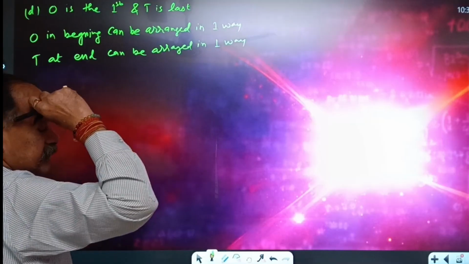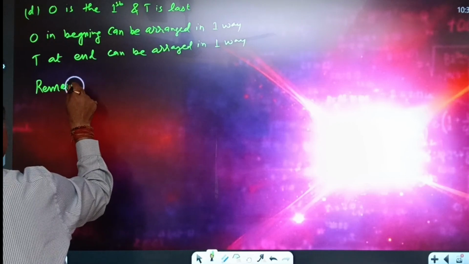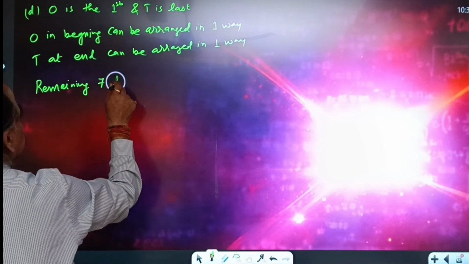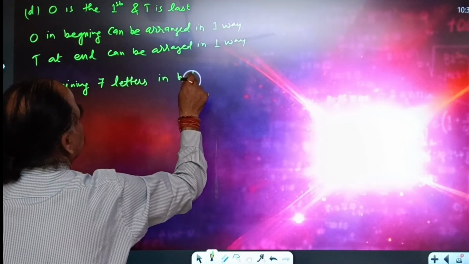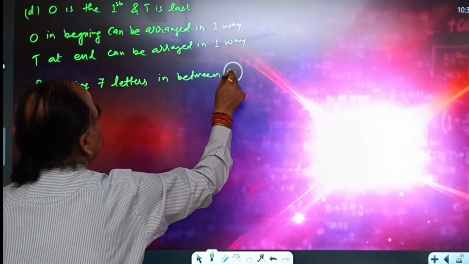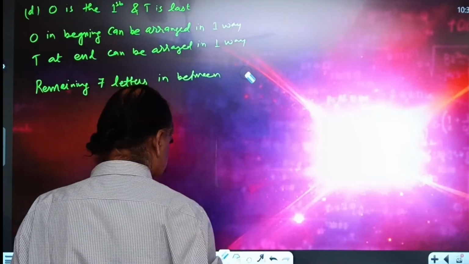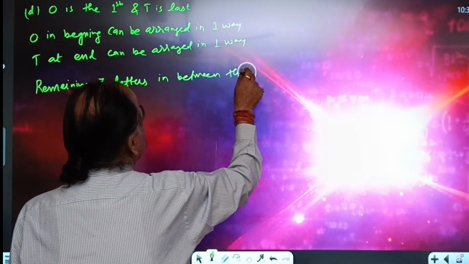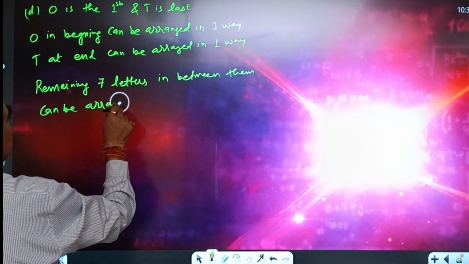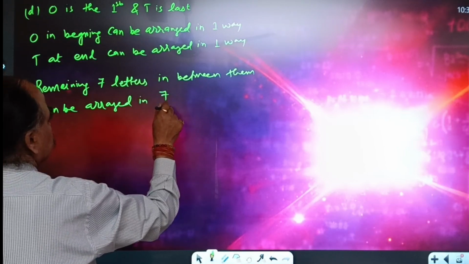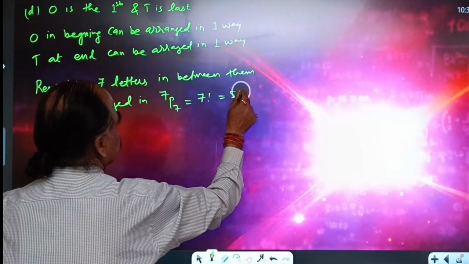In one way each, we have arranged A and T. Remaining 7 letters in between them can be arranged in 7P7, 7 factorial, equal to 5040 ways.